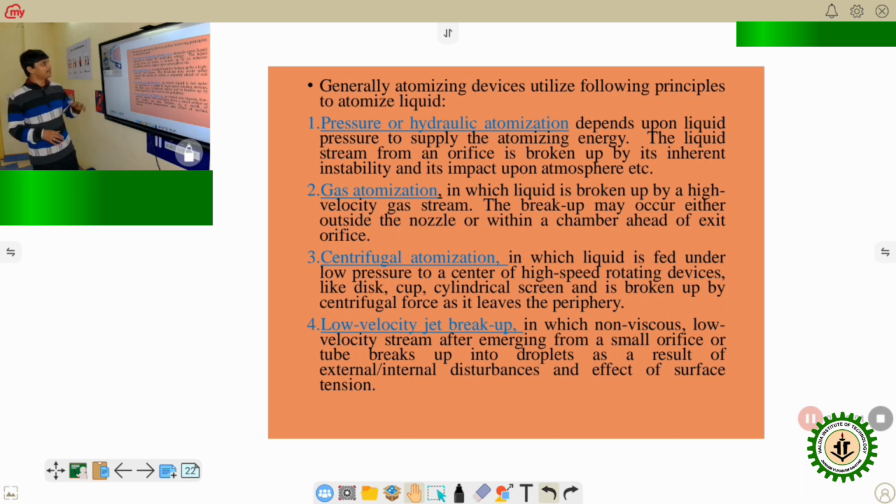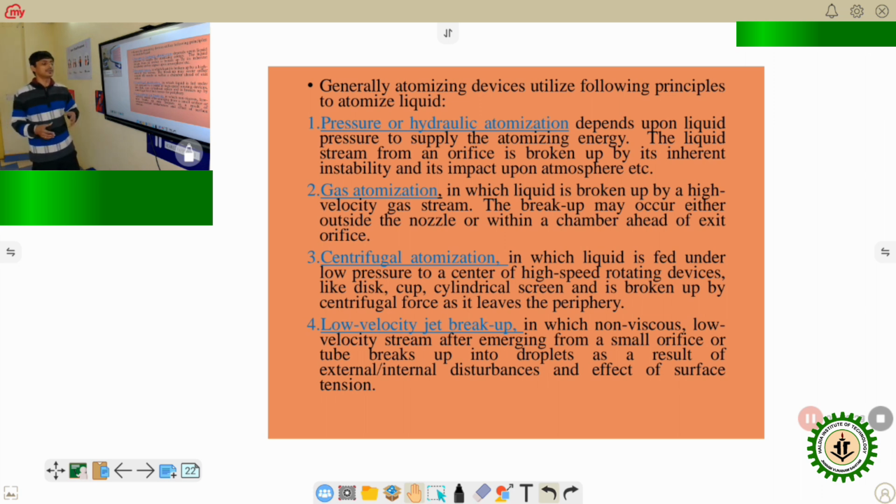So pressurized hydraulic atomization is the atomization where pressure energy is used to atomize the liquid into droplets, and gaseous atomization is where high velocity gases or steam are used, and it is sprayed over the crops.